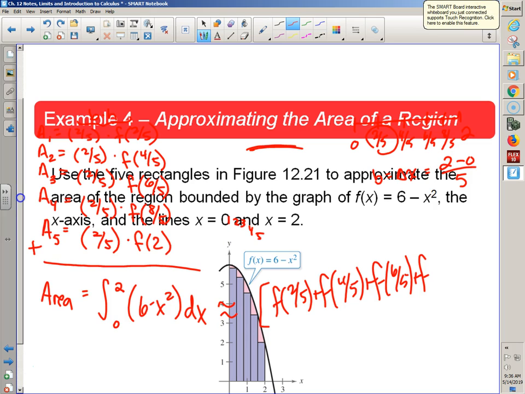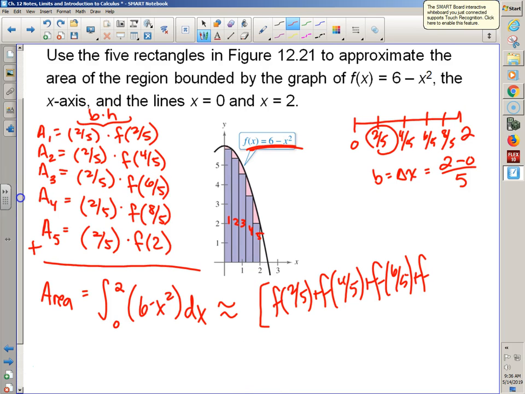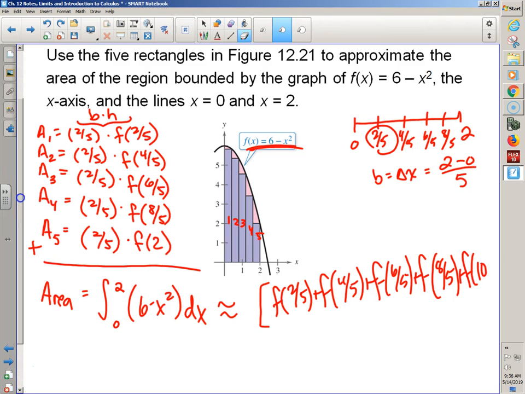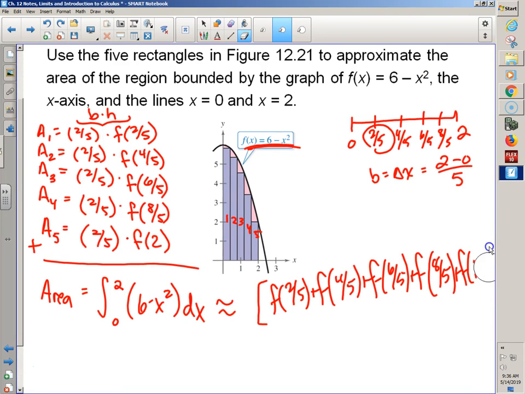I'll be back. You guys can continue my pattern. You don't need me, right? Wasn't it f of 8/5 next? F of 8/5 plus f of 10/5, which is 2, right? Those are all the heights, but what do I need to multiply all those heights by? Okay.